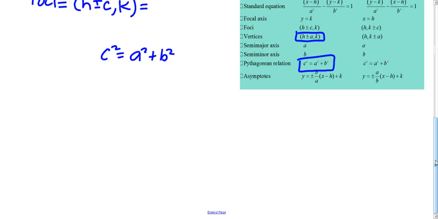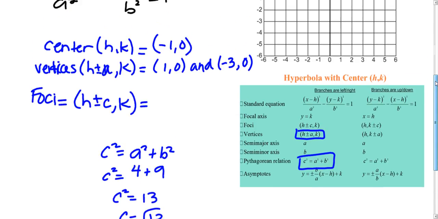So in this case, c squared will be 4 plus 9, so c squared will be 13. So c is the square root of 13. So if we don't want to have to draw this, we really and truly don't have to.